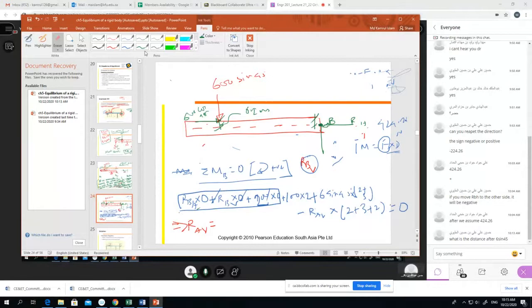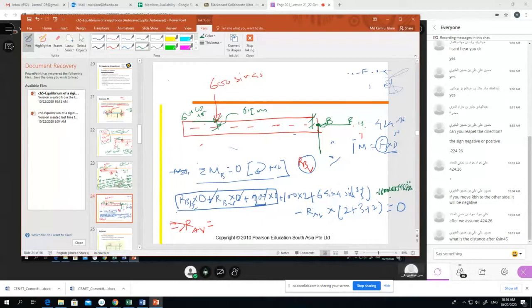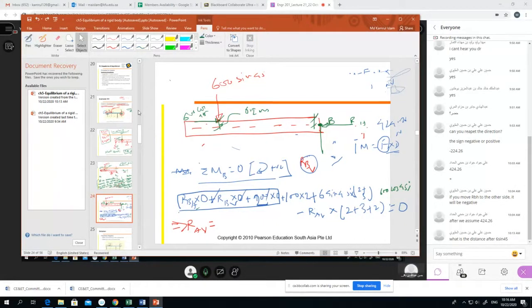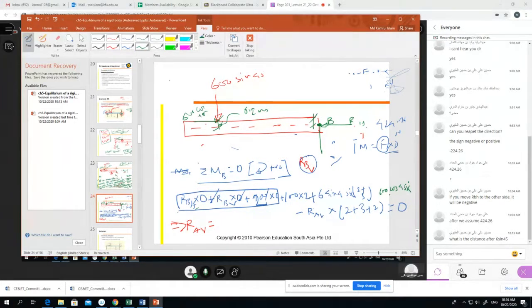So I write minus 600 cos 45 degree into 0.2. Right, now solve the problem, please, and tell me the result.